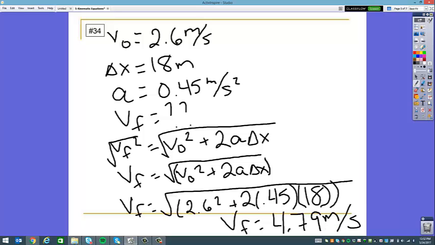Another thing to do with this is to check and see, does your answer make sense? Okay. If you look at your signs, your initial velocity was positive, 2.6. Your acceleration was also positive, 0.45 meters per second squared. Since your velocity and your acceleration were both positive, that means you're speeding up, which means that your final velocity should be bigger.